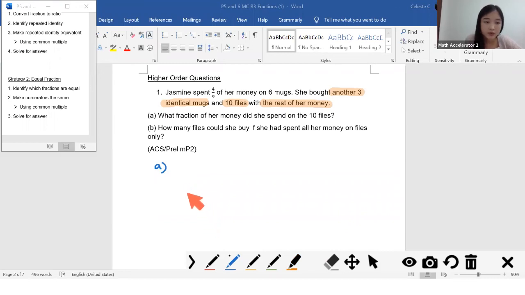Right, so what is 1 whole? Okay, look at this fraction here. 4 out of 9. Right, so the denominator will tell us that all of the money that Jasmine has will be 9 units. Okay, so 1 whole will be 9 out of 9. Okay, right, so all of this money, 4 out of 9, was spent on 6 marks.